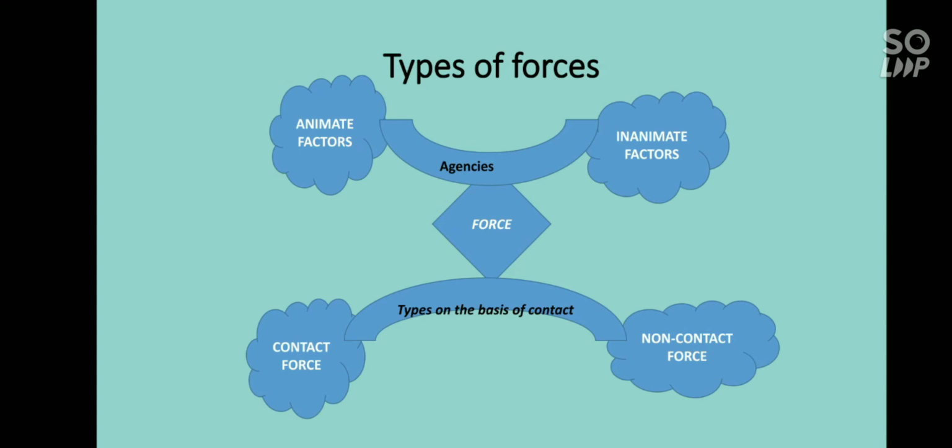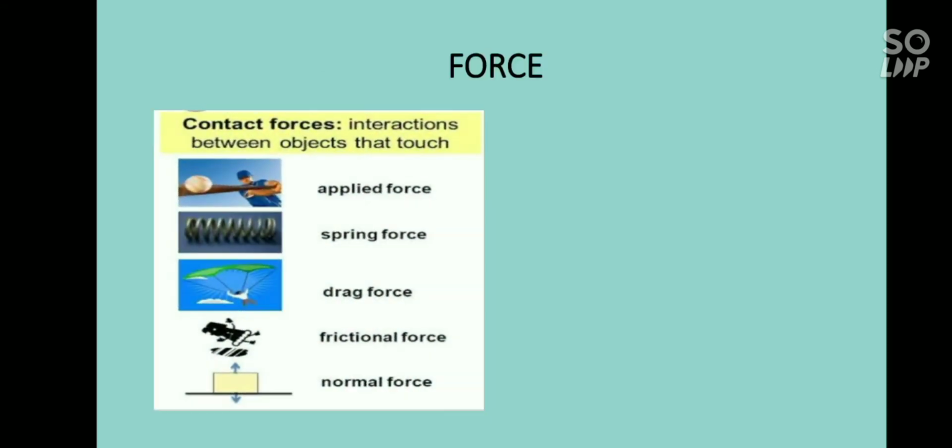What I have given here as causes or agencies for force are the animate factors and inanimate factors, and these contact and non-contact forces are the types of forces classified based on contact. So now let's see what contact force is.